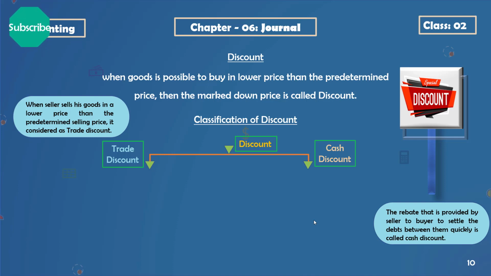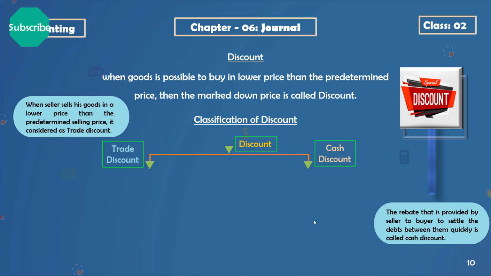Remember these two very carefully: trade discount occurs when we sell or buy anything, and cash discount occurs when we want to settle any past debt. Okay, clear?